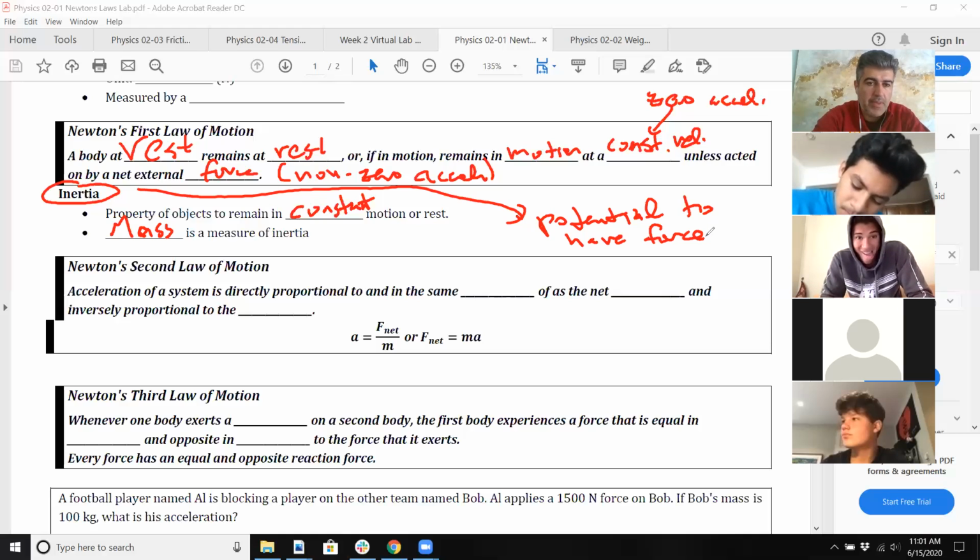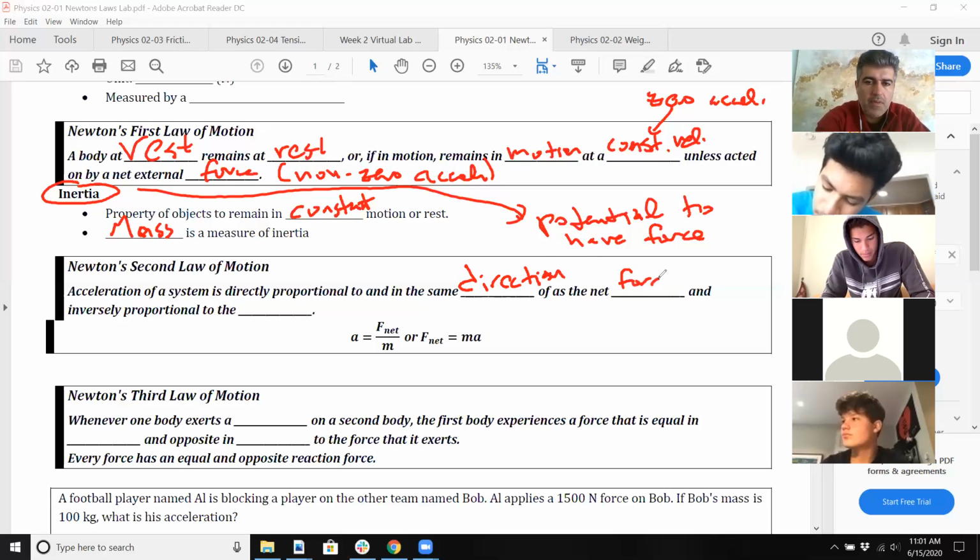Second law, now we're going to talk about that. The acceleration of a system is directly proportional to, and in the same direction of, the net force, and inversely proportional to mass.